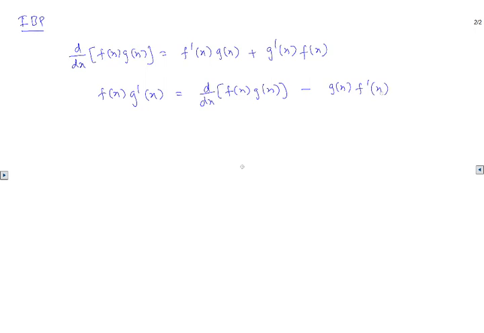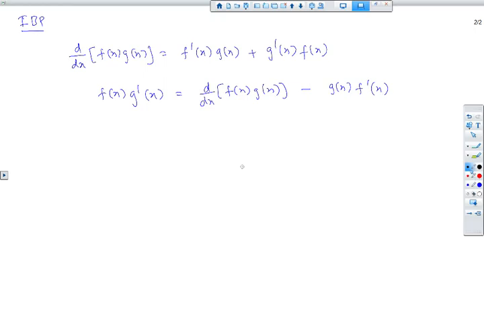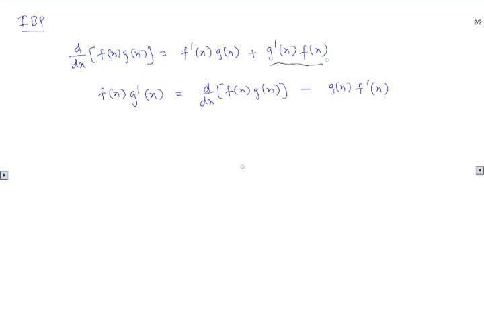So I'm going to solve for this term: f(x) g prime x equals the derivative of the product minus the other term. Now we're going to integrate both sides. If you integrate both sides, you get the integral of f(x) g prime x dx, and then we can integrate the derivative of f(x) g(x) dx, and then minus, we can integrate this one as well.